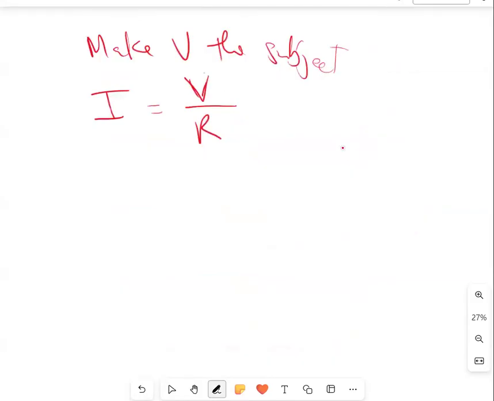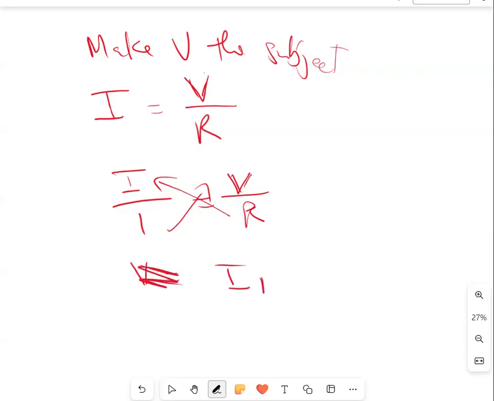And simple cross multiplication will help you there, right? I over 1 equals V over R, and you cross multiply. And you get IR equals V, just not to confuse you. R by I will do this, 1 by V will do that. So V equals IR.